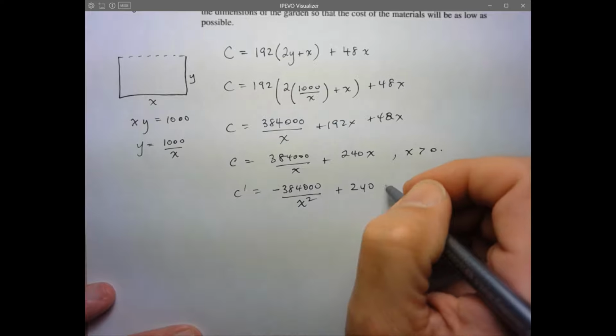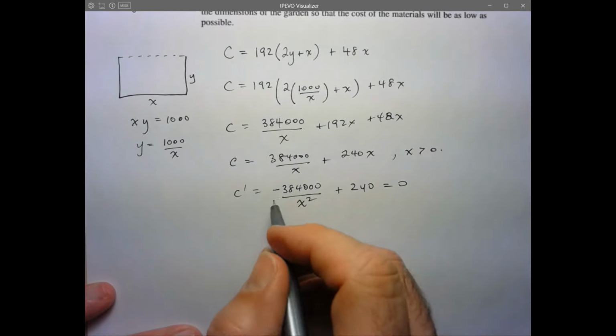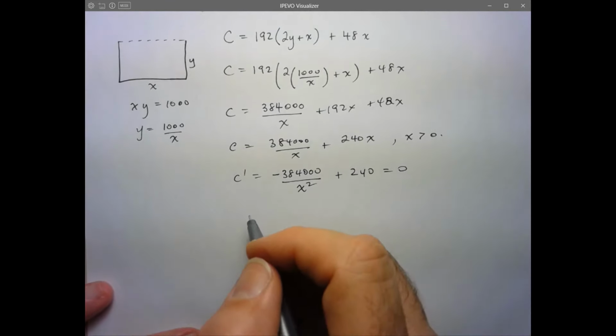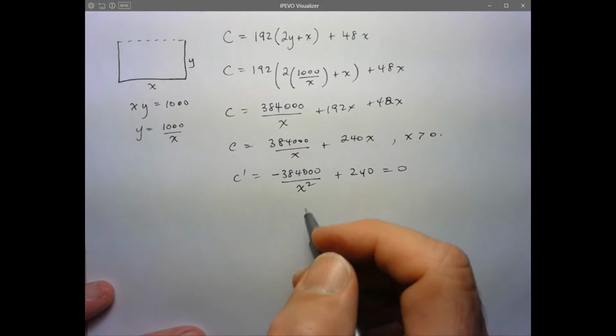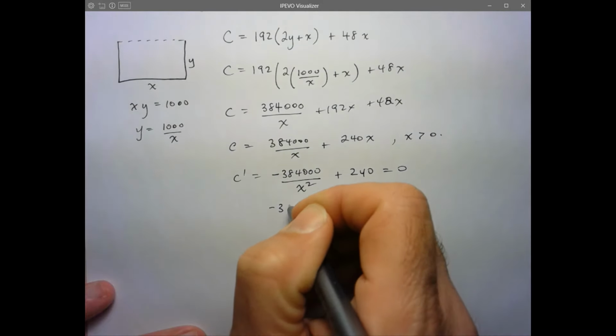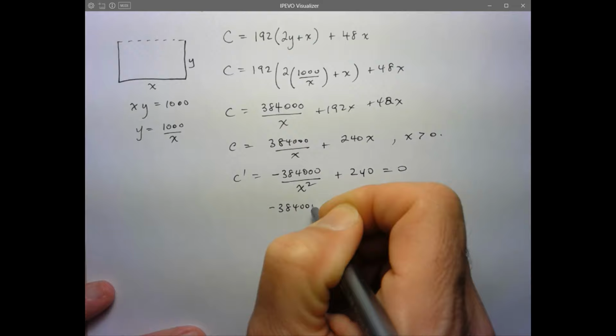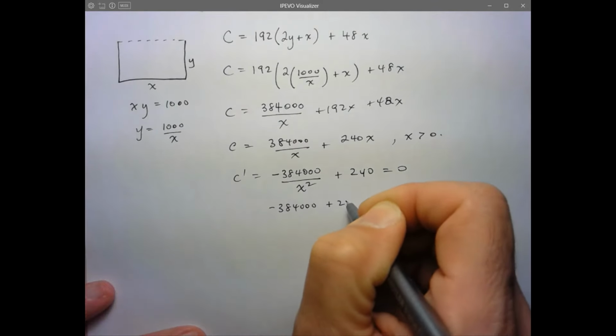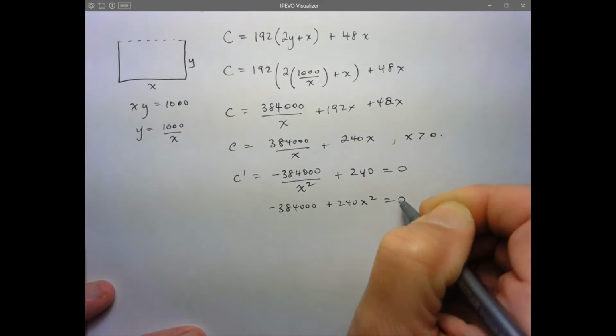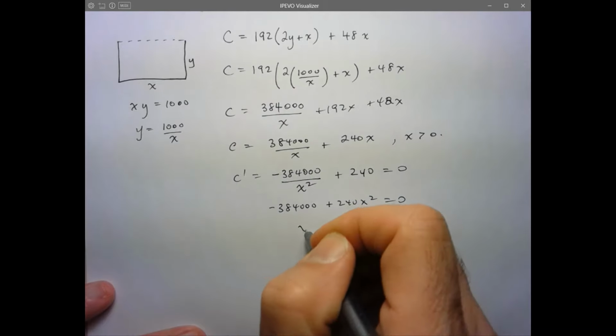So let's set this equal to 0. I'm going to multiply both sides of the equation by x squared, since this is a rational equation. So I've got negative 384,000 plus 240x squared. Let's isolate x.